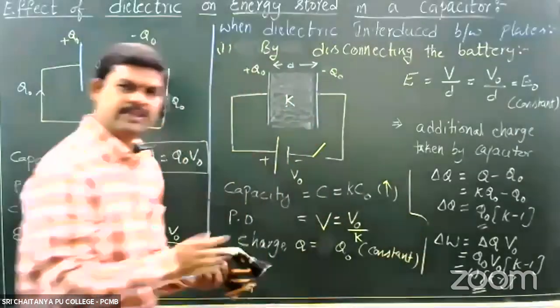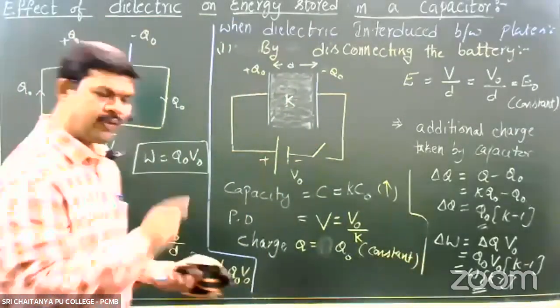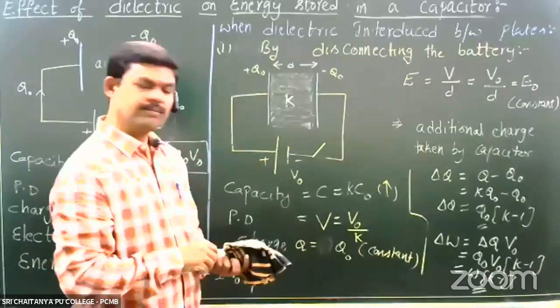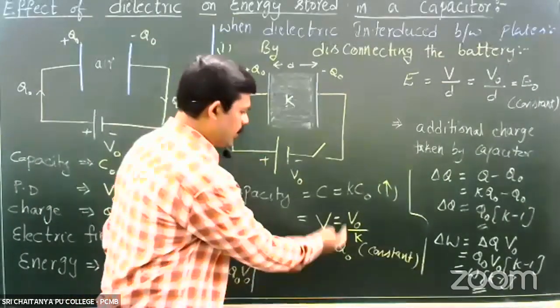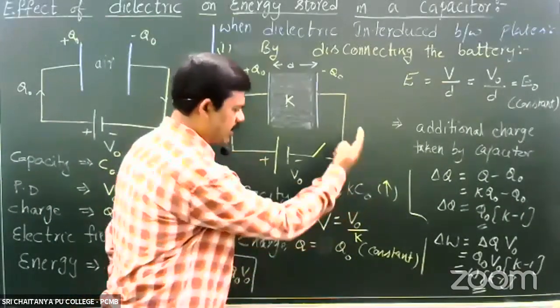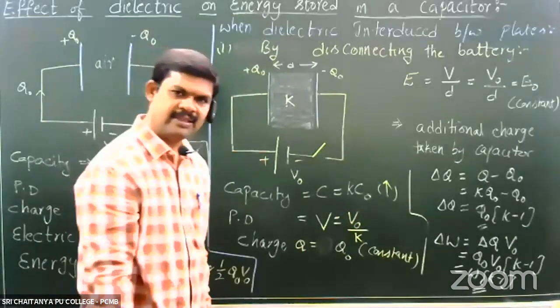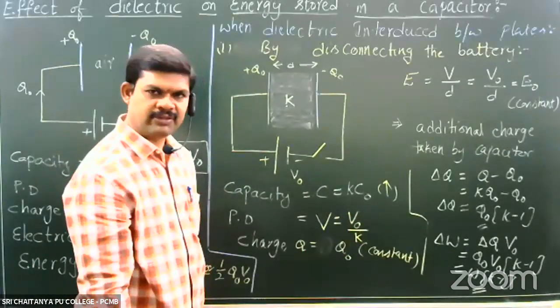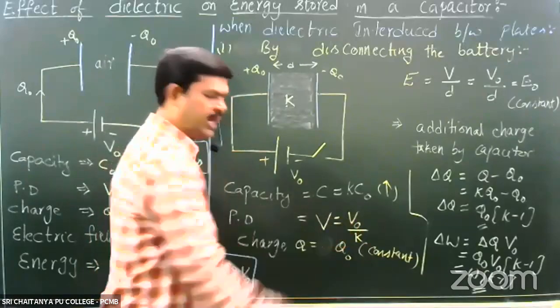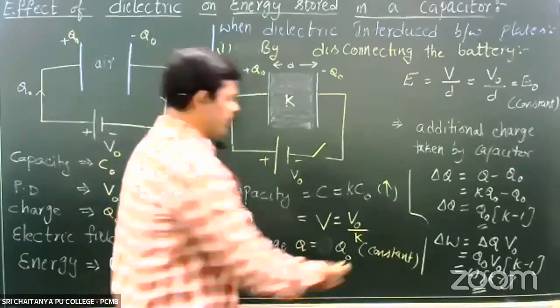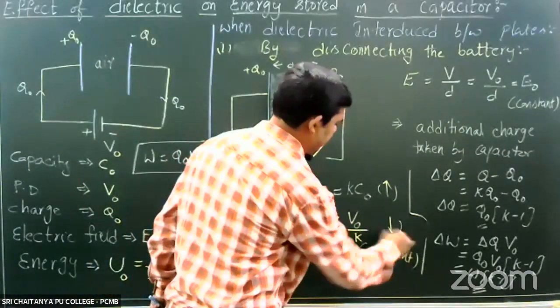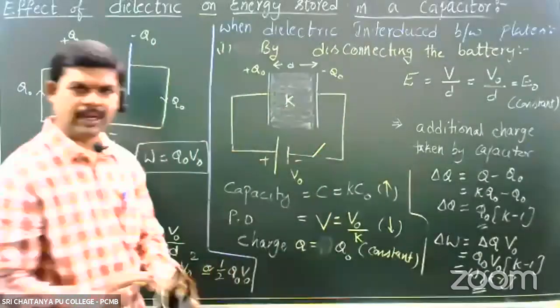Yes or no? Because V is equal to Q by C, with Q equal to Q naught and C equal to K C naught, that is Q naught by K C naught. Q naught by C naught is V naught, so V naught by K. So what happened? Potential decreased. Clear?